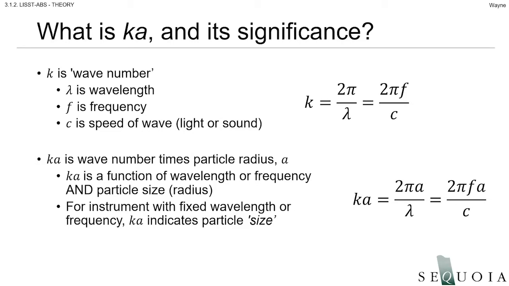Another way to think of this is that for an instrument with a fixed wavelength or fixed frequency, Ka is an indicator of particle size. For example, if you have a 1200 kilohertz ADCP or a turbidity sensor measuring at 850 nanometers wavelength, for that given sensor, the Ka will change with particle size.